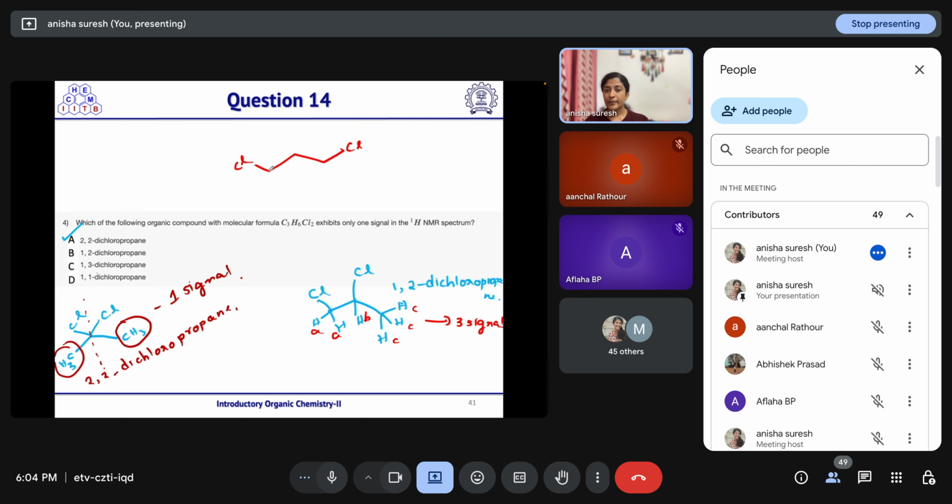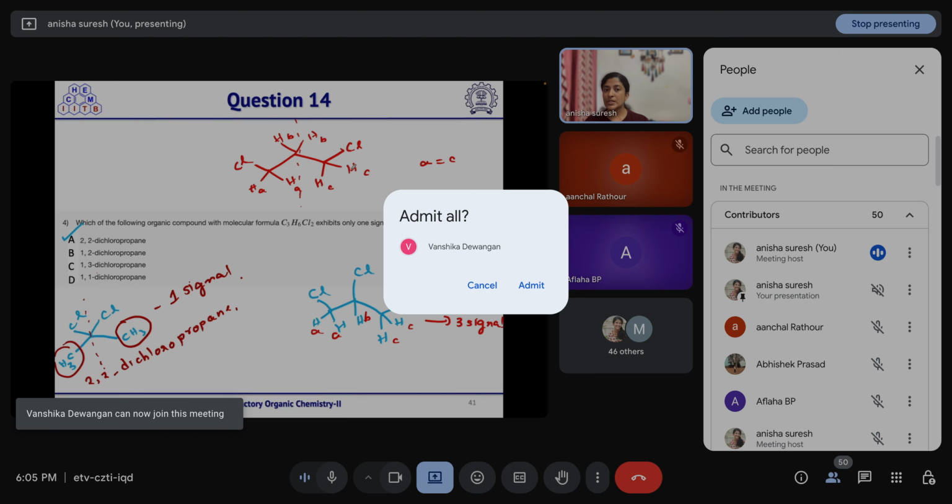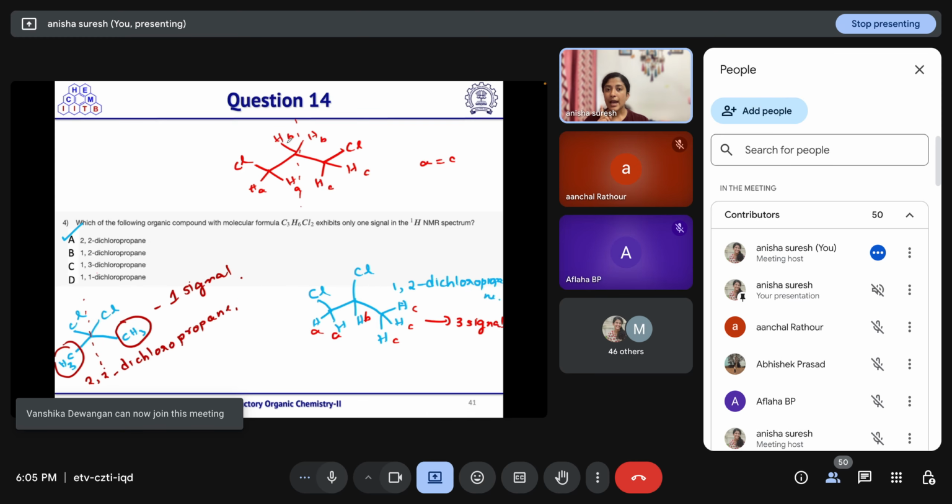So here, if we are labeling it as HA, HB and HC, then A equal to C because of the symmetry of the molecule. So hence these four protons HA and HC will be coming as one peak, and this HB will be coming as the second peak.